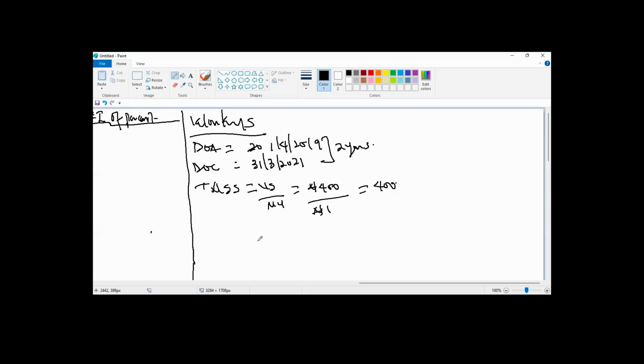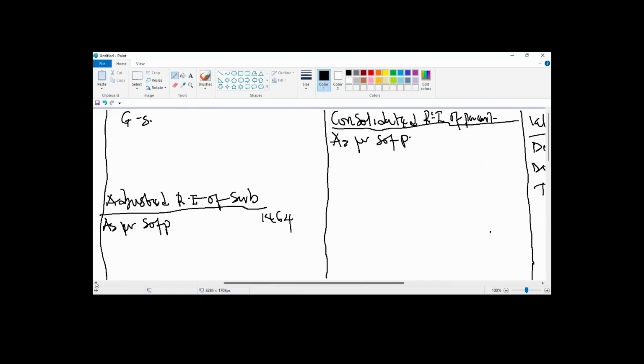Now acquired 300. 300 over 400 times 100 gives us 75%. So I'll fill in the group structure straight: parent 75%, NCI 25%. Good.